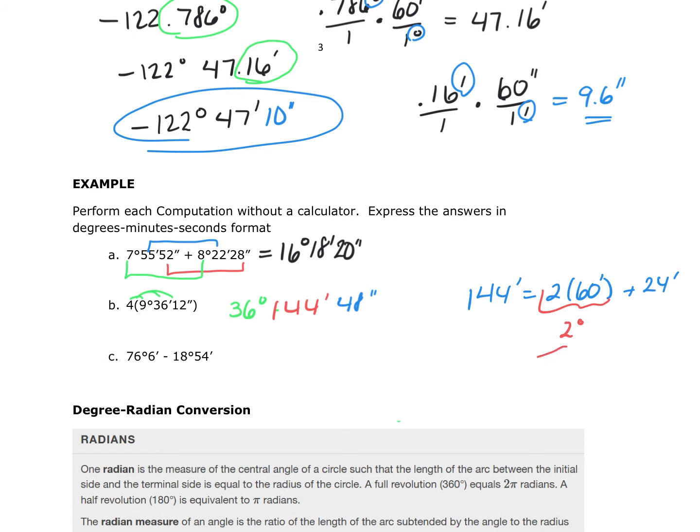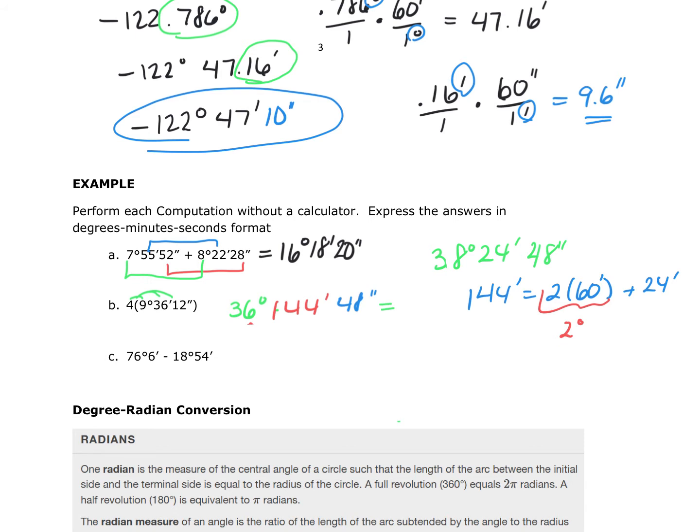So that 2 degrees needs to be added there. So this is going to be equal to 36 degrees, 24 minutes, and 48 seconds. And I just talked about it, and I forgot to add those 2 degrees there. So it'll be 38 degrees, 24 minutes, and 48 seconds.